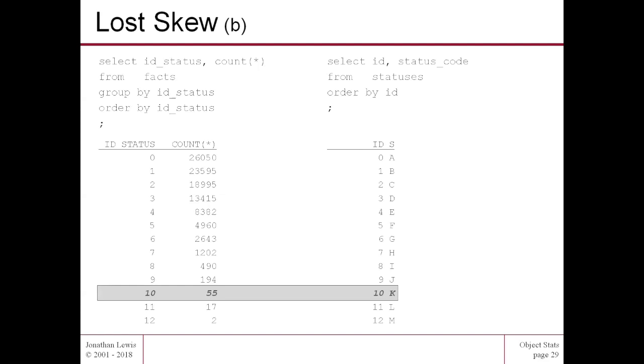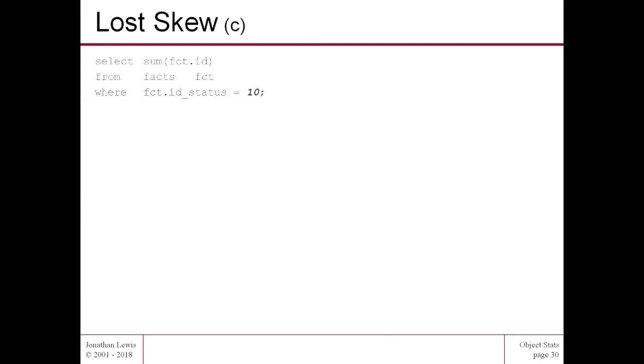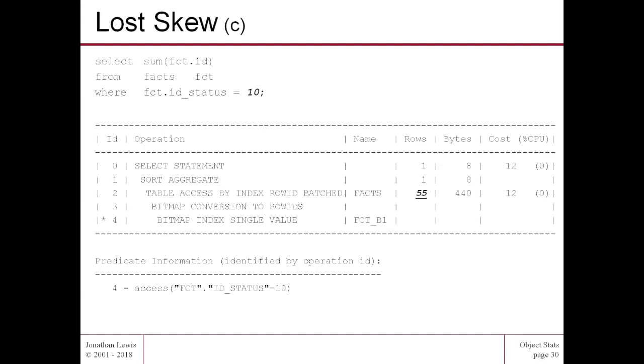I'm going to create a histogram on this ID status code, in order to make sure that Oracle is aware of that skew. Okay, so having created the data and created the histogram on that data, let's run up a query, and let's take this very simple one to start with. Select from the facts table where the ID status equals 10. Okay, there's my execution plan.